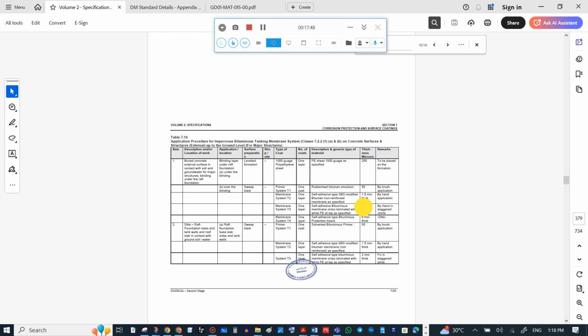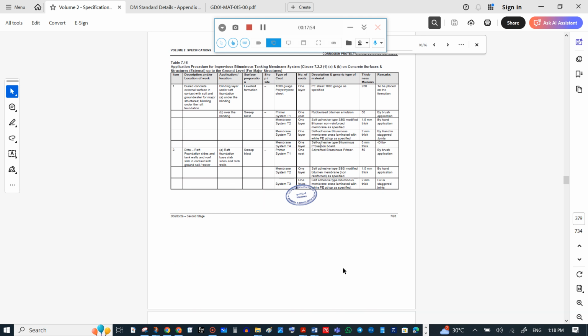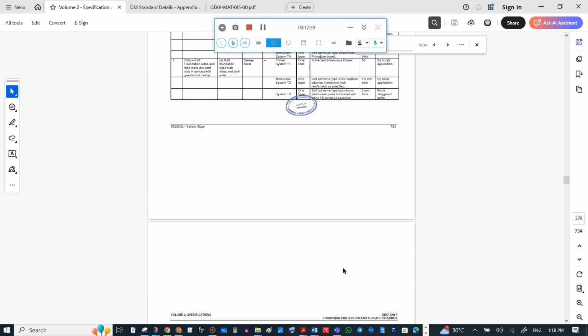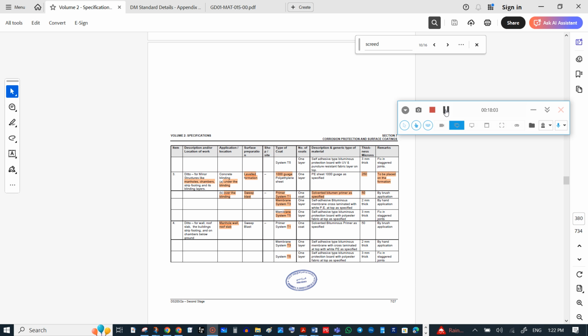But we need to check actually. Now the question is why we used protection board 6 mm thick.